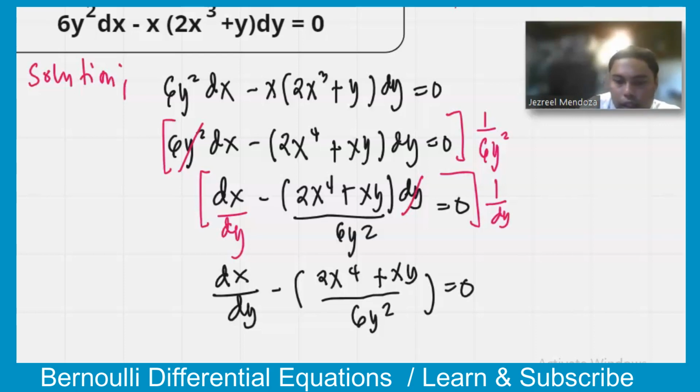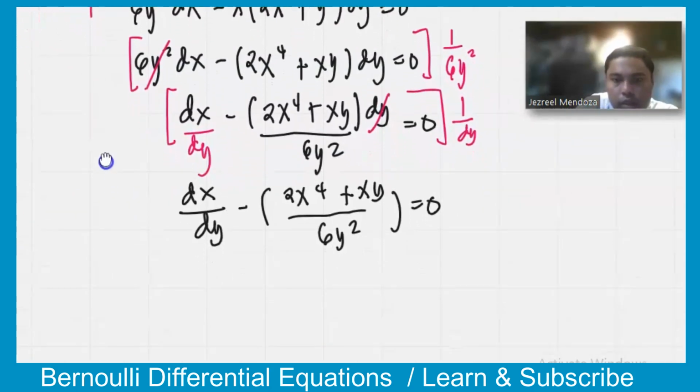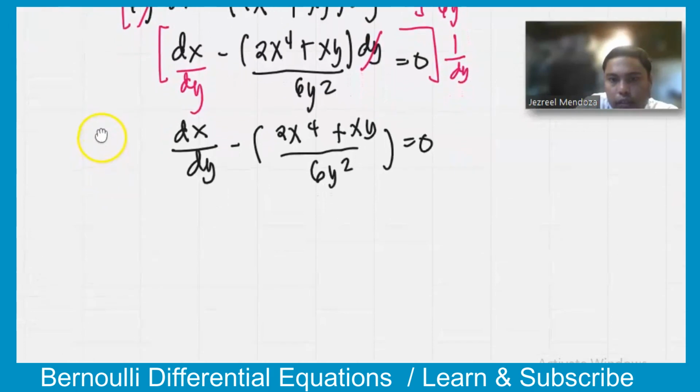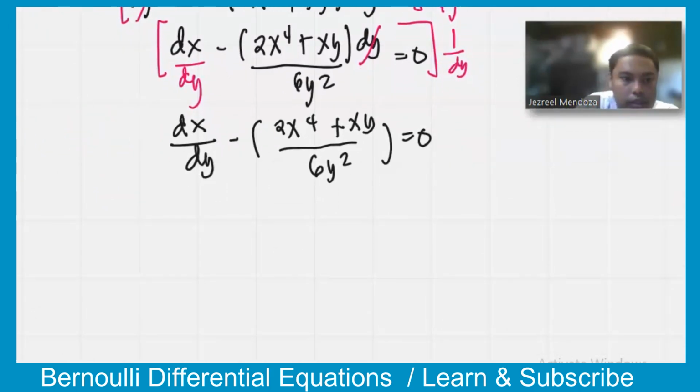After that, let's extract the fraction. How to do it? It's just simple algebra.